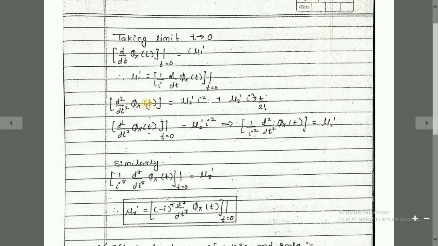Similarly, the second order derivative of phi X of t is mu2 prime i square plus mu3 prime i cube t by 1 factorial and so on, but at t is equal to 0 we get the term mu2 prime i square. Similarly we put mu2 prime on one side and i square goes to the other side. So mu2 prime is equal to 1 upon i square d square by dt square of phi X of t.